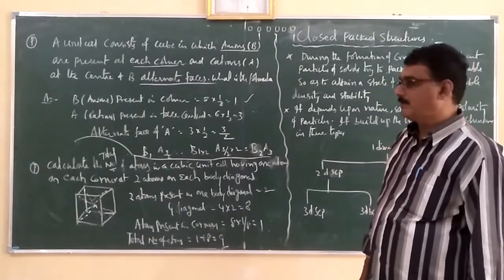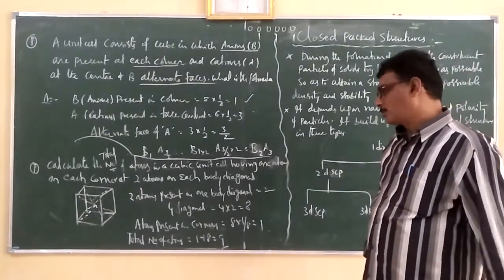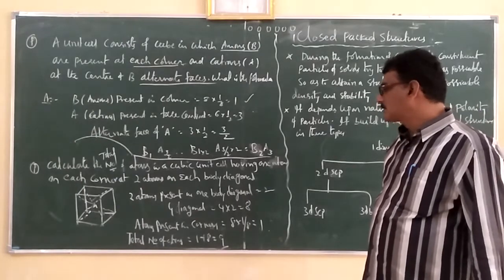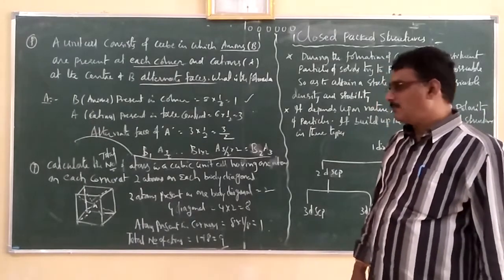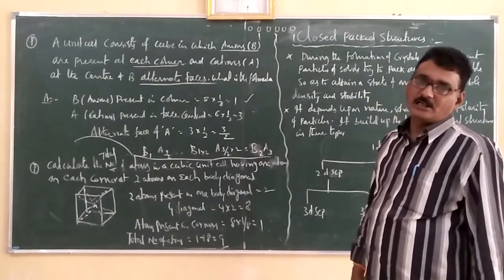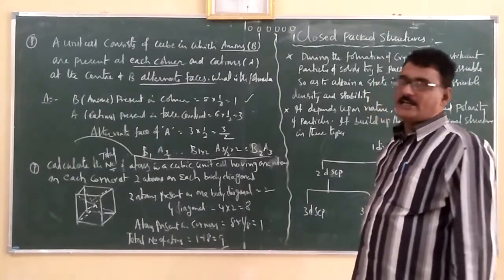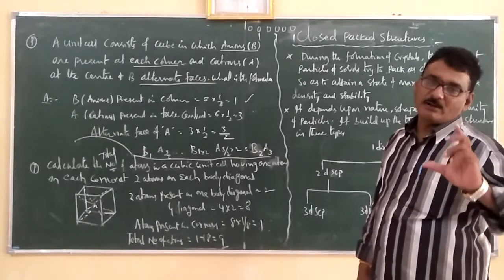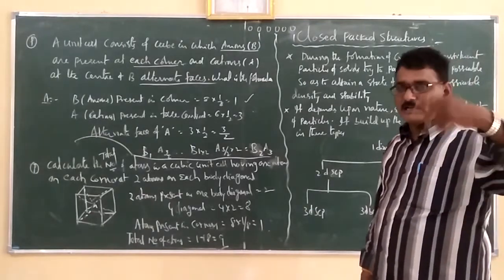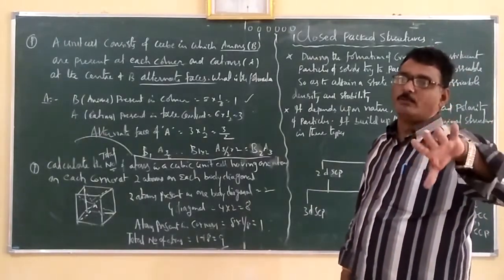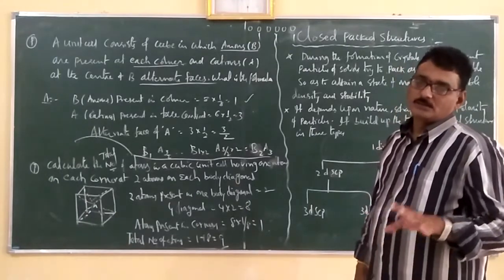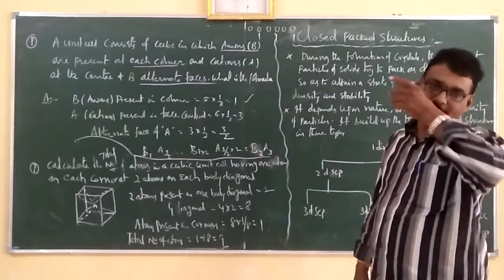So what is the problem? Calculate the total number of atoms in a cubic unit cell having one atom on each corner: corner means 8 into 1 by 8. Two atoms on each body diagonal. How many body diagonals are there in a cube? 4 body diagonals, so 4 into 2 is equal to 8 atoms.